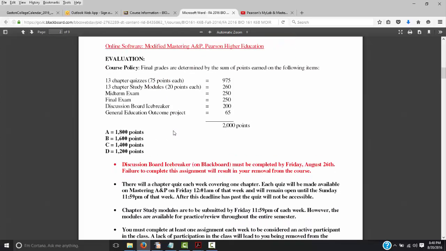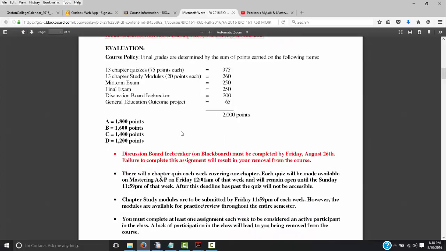How the course will be graded, I have it broken down here. You'll have a quiz on every chapter that we cover. We'll cover 13 chapters. So 13 quizzes at 75 points each, be a total of 975 points for that group. There is a study module that you'll complete in every chapter. Those are worth 20 points each. Your midterm and final exam, those are both worth 250 each.